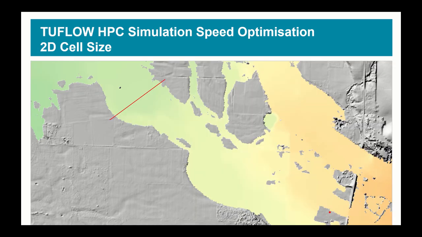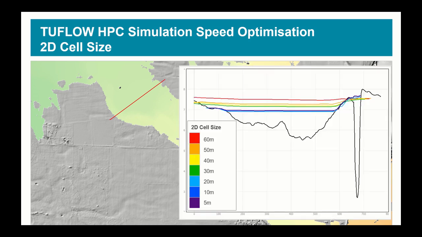But very quickly, if we look at our model and we draw a cross-section through the floodplain at our area of interest, and we plot our results from various simulations that assume different cell sizes. Red is a 60 meter cell resolution, orange is 50, yellow 40, green 30, light blue is 20, dark blue is 10, and purple has a 5 meter cell resolution.